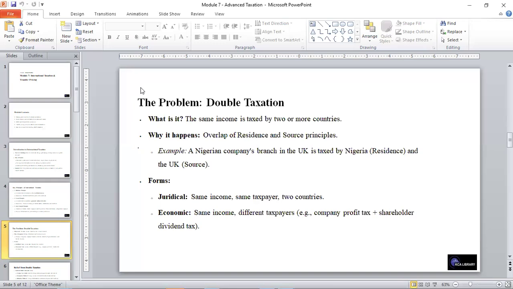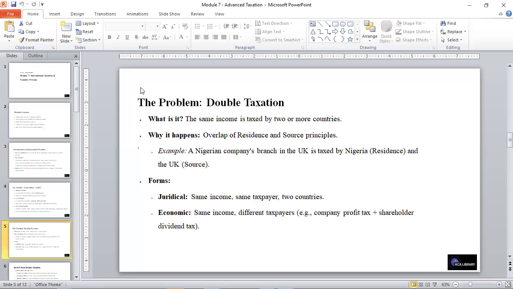And why it happens is as a result of overlap of residence and source principle. An example of this is a Nigerian company branch in the UK taxed by Nigeria as the residence and the UK, which is the source. And the forms of this are juridical and economic double taxation.